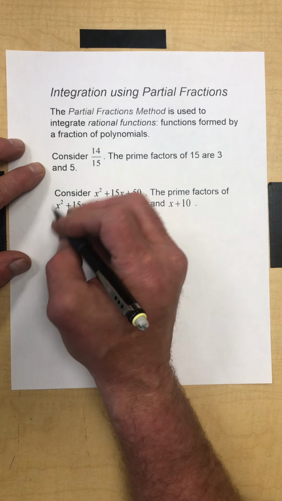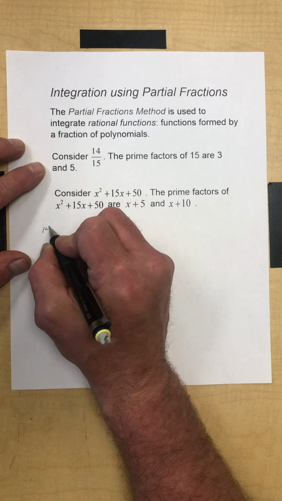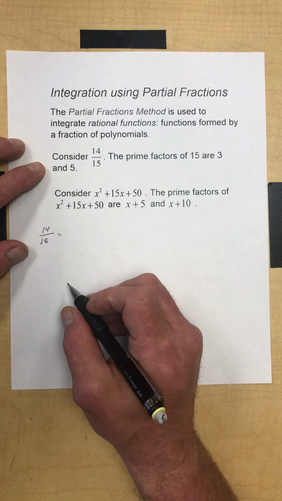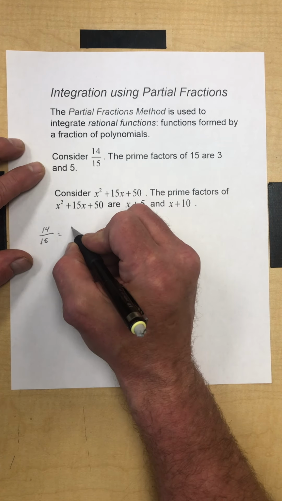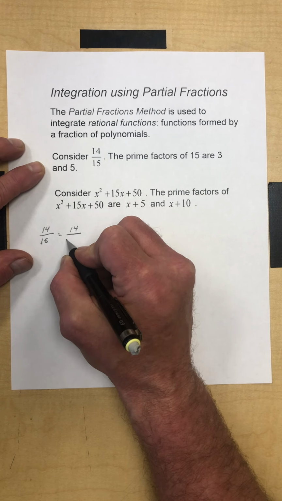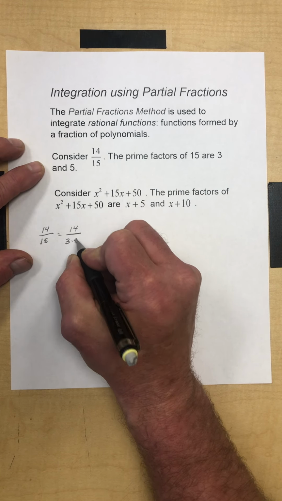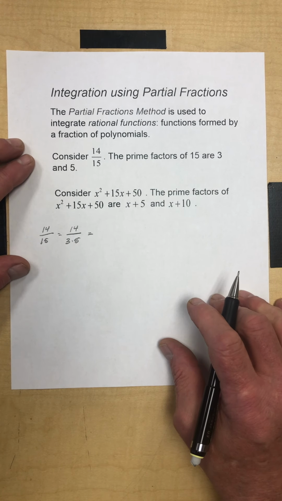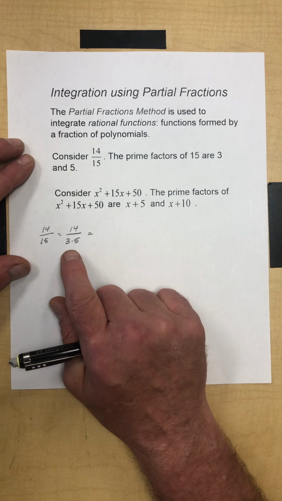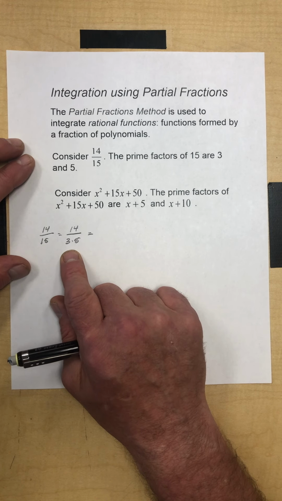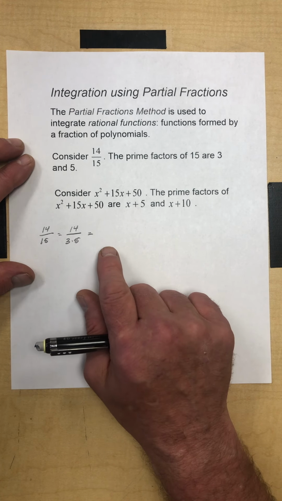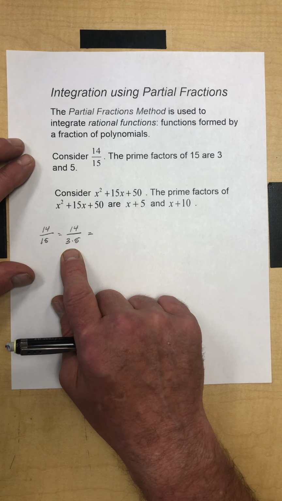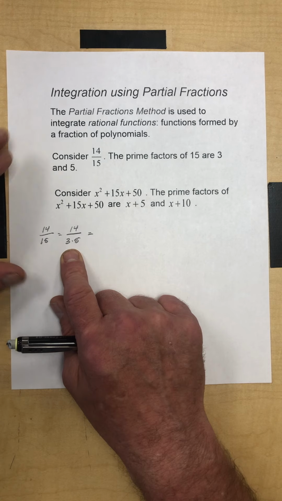If you take something like this, let's suppose we had 14 over 15. Well, we know the prime factors of 15 are 3 and 5. What partial fraction decomposition allows us to do is write this fraction as a sum of 2 or more other fractions with denominators that are the prime factors of the original denominator.